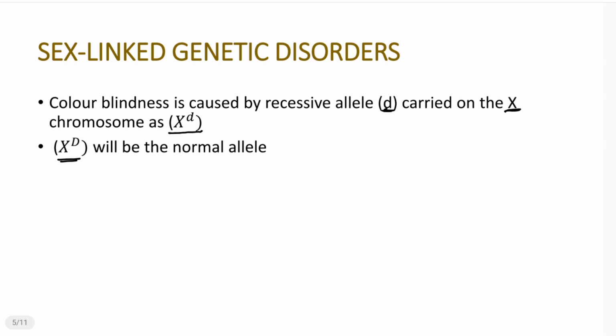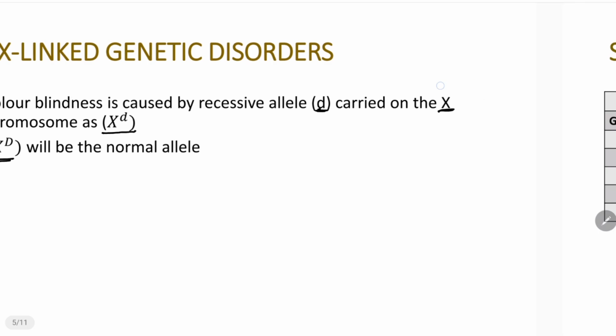So we must know color blindness and hemophilia by heart. Any other sex-linked genetic disorders that are not color blindness and hemophilia, they will tell us that such and such is a sex-linked genetic disorder. But with hemophilia and color blindness, it is not actually necessary for them to tell us that they are sex-linked genetic disorders. We must know it by heart. Right? So let's continue.